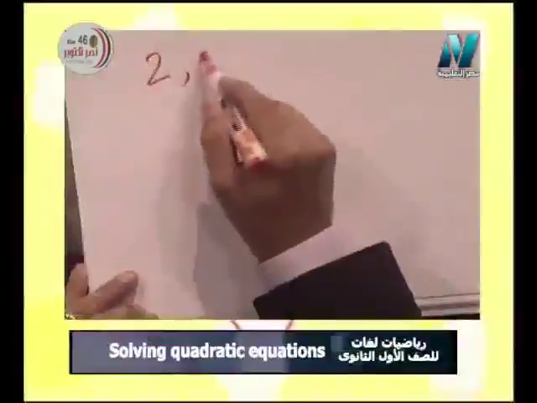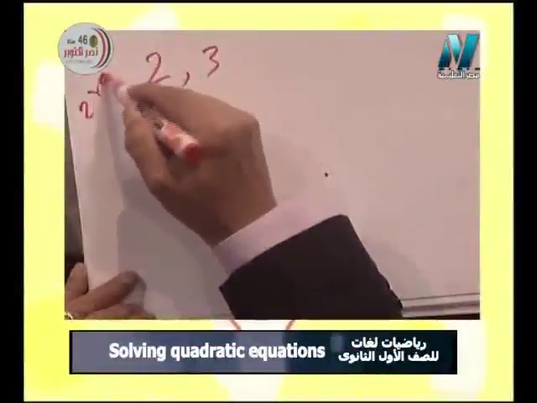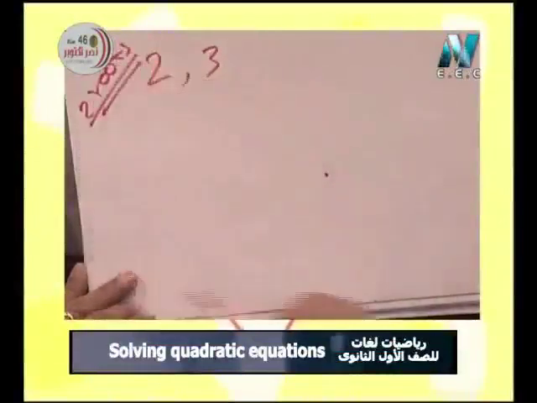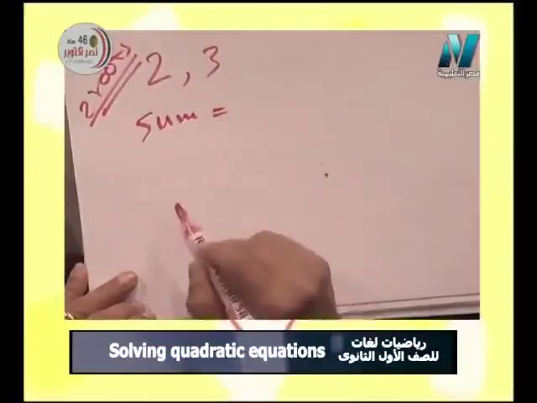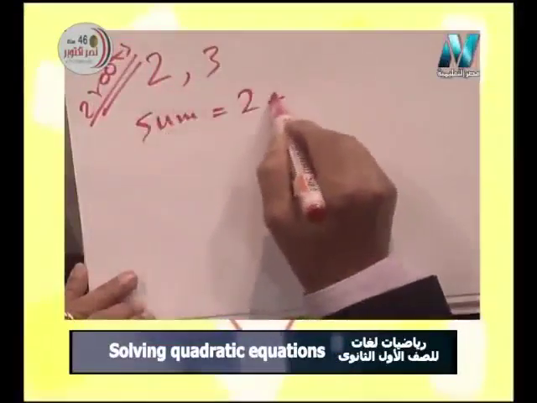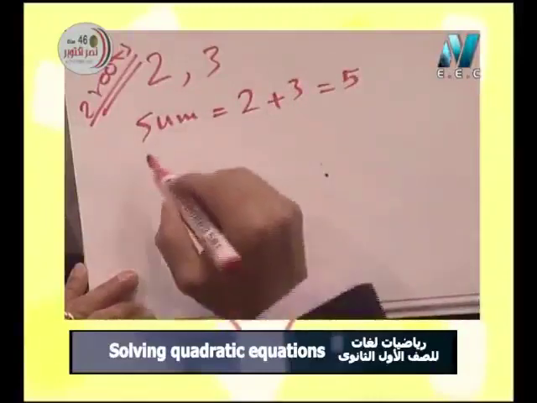Another method, there is another method to find the equation if you have the two roots. If you have the two roots like 2 and 3, which are the two roots of the quadratic equation, find the sum of the two roots. The sum will be 2 plus 3 equals 5. And find their product.